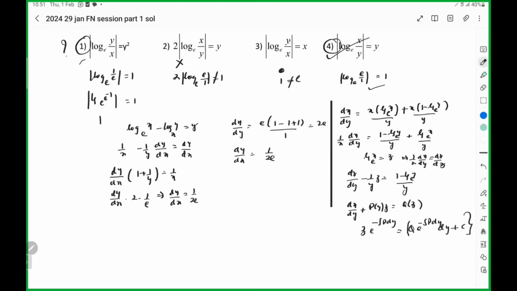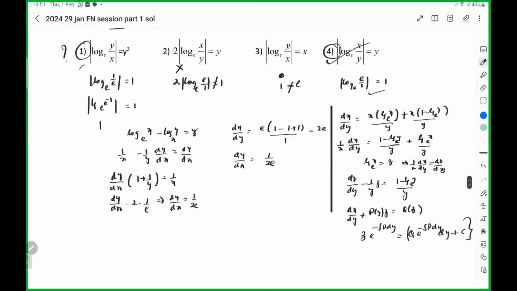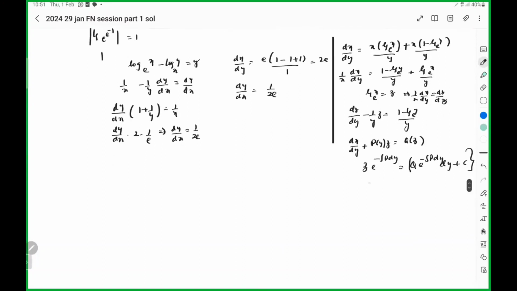So it is a little bit lengthy, solving it takes a lot of time. So you try to answer that way. Like here, two more steps I will do. Integral P dy will be integral 1/y dy, which is log y. E power minus integral P dy is e power minus log y, which is 1/y.